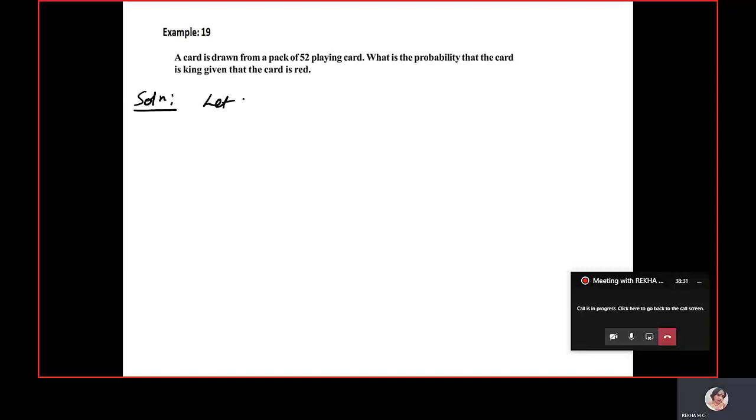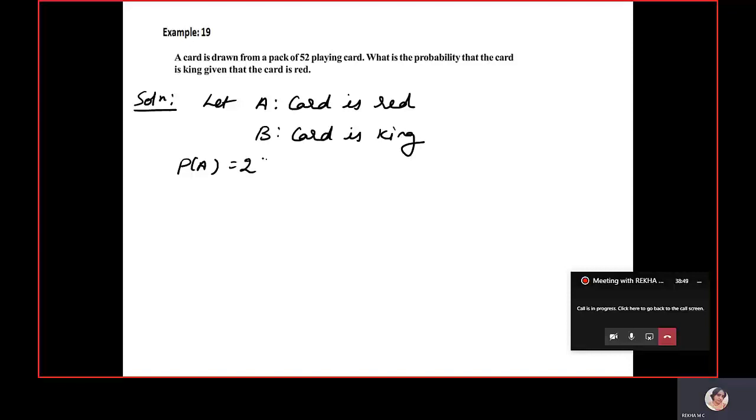So let A be the card is red, B be the card is king. The probability of A, that the card is red: how many red cards do we have? 26 by total 52. So it is 1 by 2.